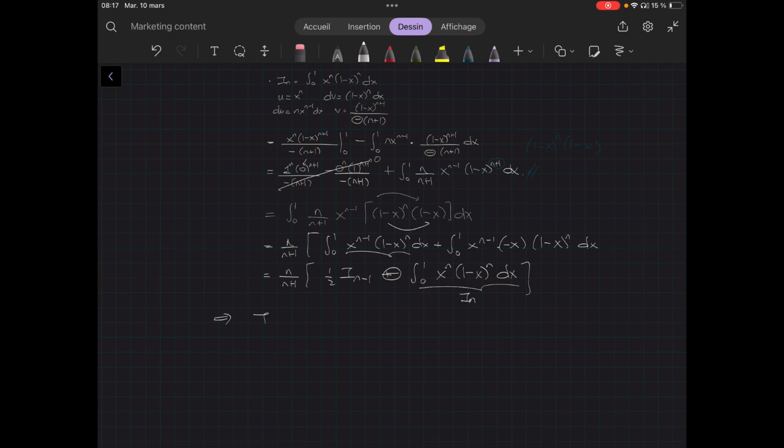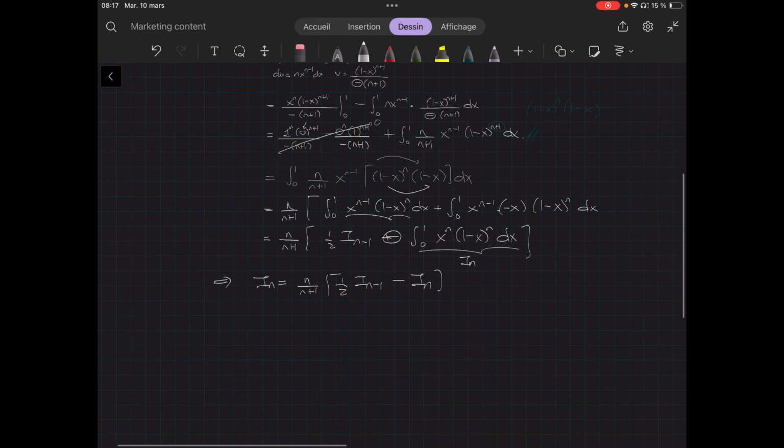So, therefore, I n is equal to n divided by n plus 1, a half I of n minus 1 minus I n. We want to express in terms of I n plus 1. It is simply a game of rearrangement. And there lies our final result.